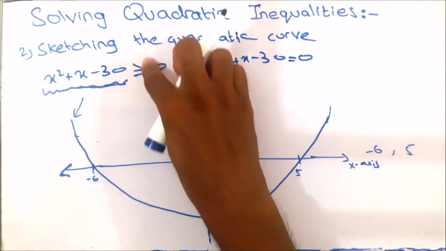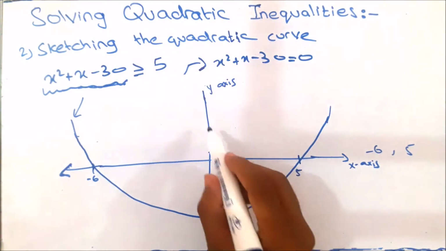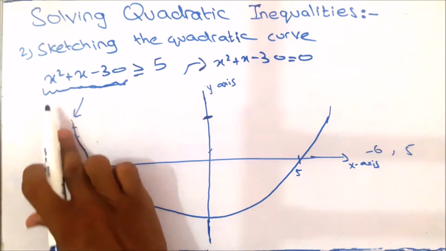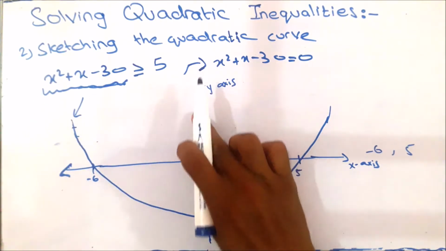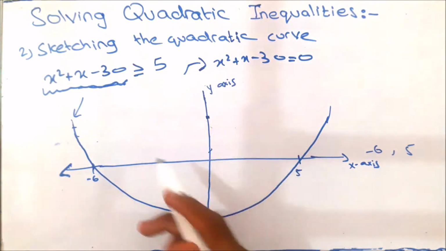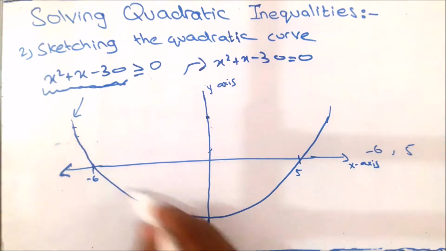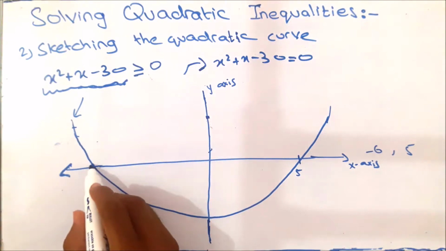If it was greater than 5, then we'd have to see where this curve gets greater than 5. But usually we get an inequality with 0. So let's have a 0 over here and see where this curve is greater than or equal to 0.